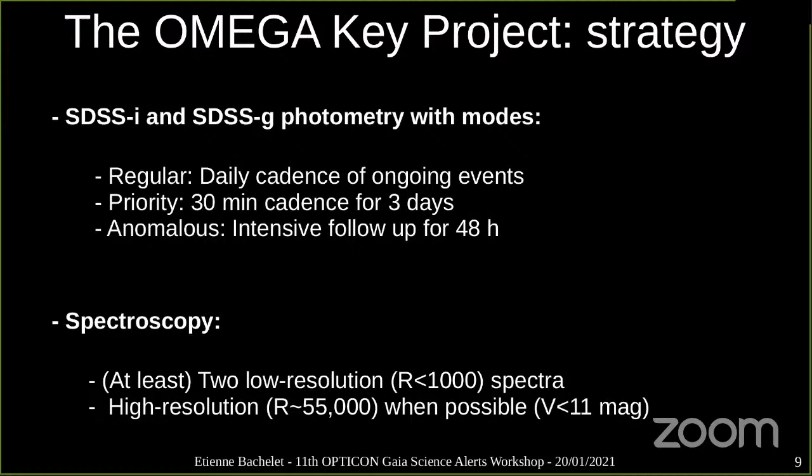And in case we catch an anomaly, we increase the cadence to a very high cadence to try to catch this planetary anomaly. And for the spectroscopic, we try to obtain at least 2 low resolution spectra to try to rule out contaminants. And if it's bright enough, we can also trigger high resolution NRES spectra.